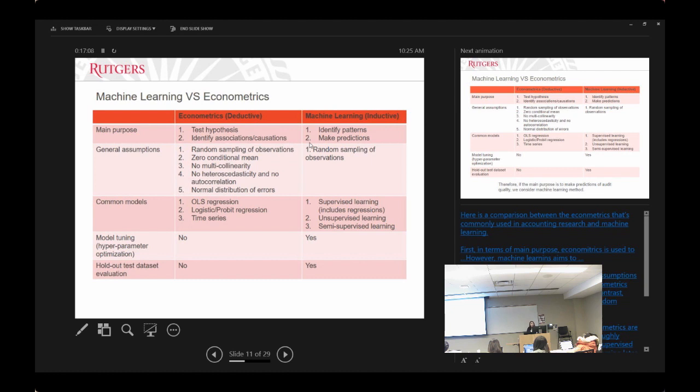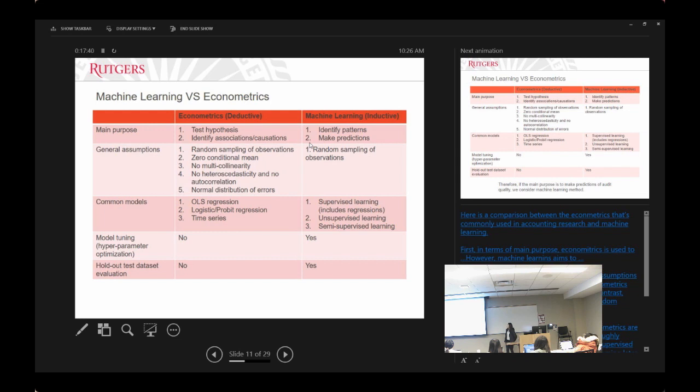Second, in terms of the assumptions that we need to rely on. In econometrics, people who have learned about it know that if you want to apply econometric methods, your data has to be very strict. You have to make sure that your data conforms with all those assumptions, especially the zero conditional mean and so on.